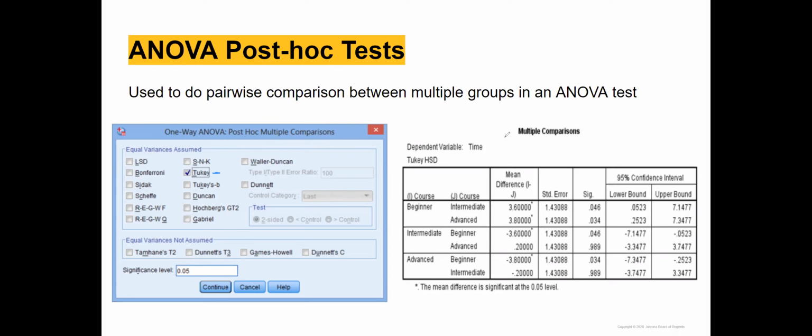This is the output you'll get for the pairwise comparison, like beginner with intermediate, beginner with advanced, intermediate with beginner, intermediate with advanced, and so on. And again, you can look at the significance value and you can accept or reject the null hypothesis, like whether there is a relationship between beginner and intermediate. So that's how you can do the pairwise comparison as well. So this is all about one-way ANOVA.